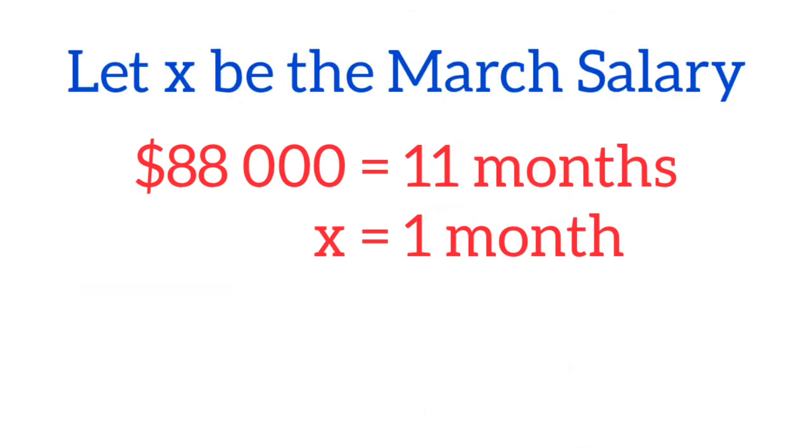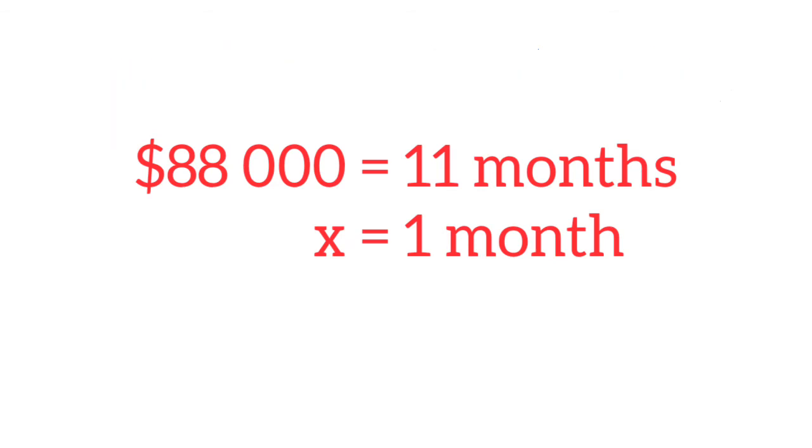So what you need to do, you have to calculate the salary of the month of March that was unpaid. Remember, 88,000 in the trial balance is referring to the salary paid, and so it means that 88,000 is covering 11 months. Remember, in a year we have 12 months. So out of the 12 months, one month was unpaid. So 88,000 is equal to 11, then X is equal to 1.